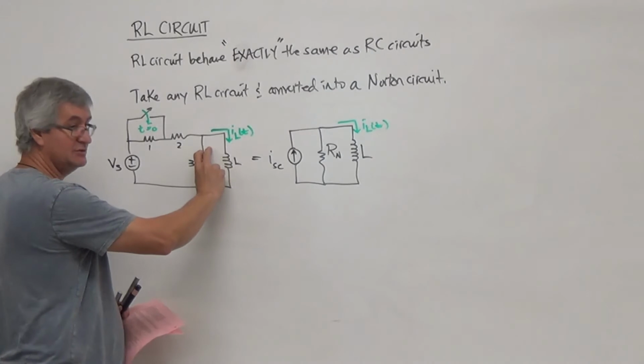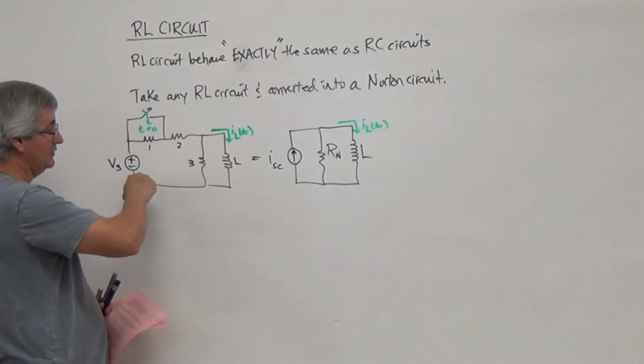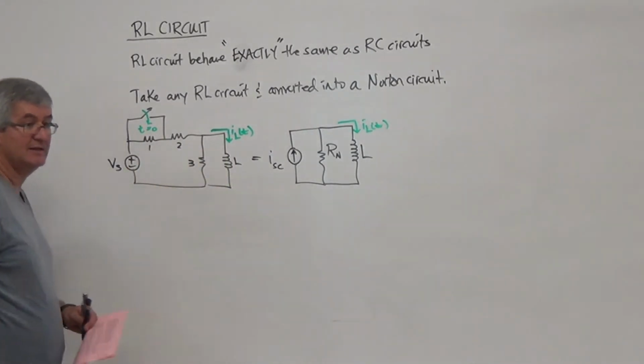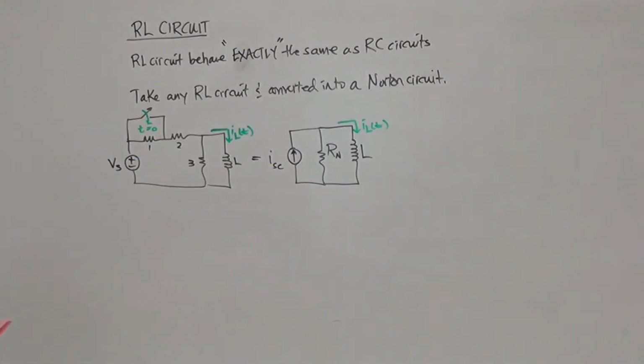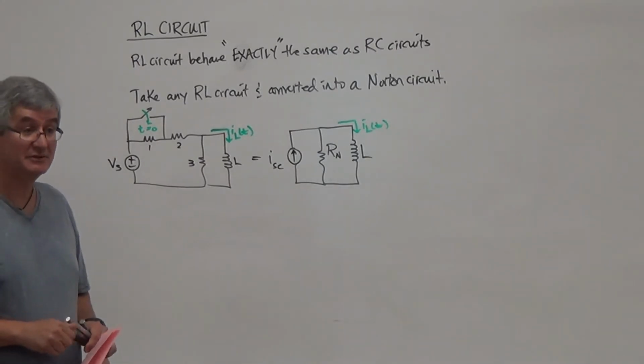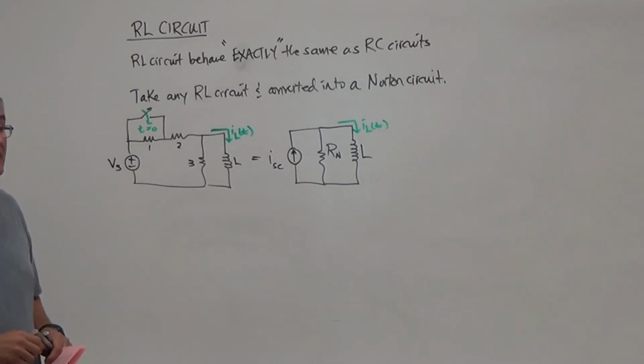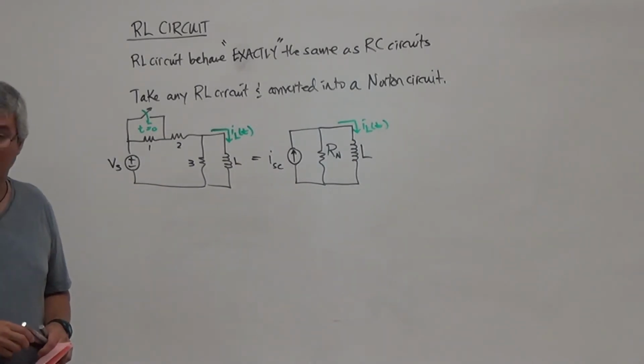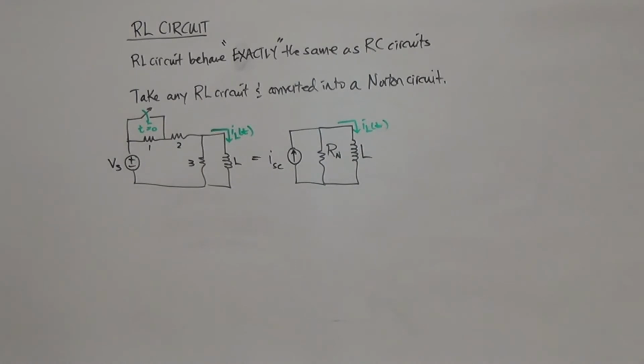That short will kill this 3 ohm resistor, and then people do a KVL loop around this thing. That's actually not correct. I'll see if I can explain it a little bit, but we want to be careful how we handle this. But I'm probably going to do the very wrong thing and just say, we're going to do it anyways, even though it is incorrect. I'll make sure that you'll see what I mean by that. But I'll only do it once, and then I won't do it again after that.